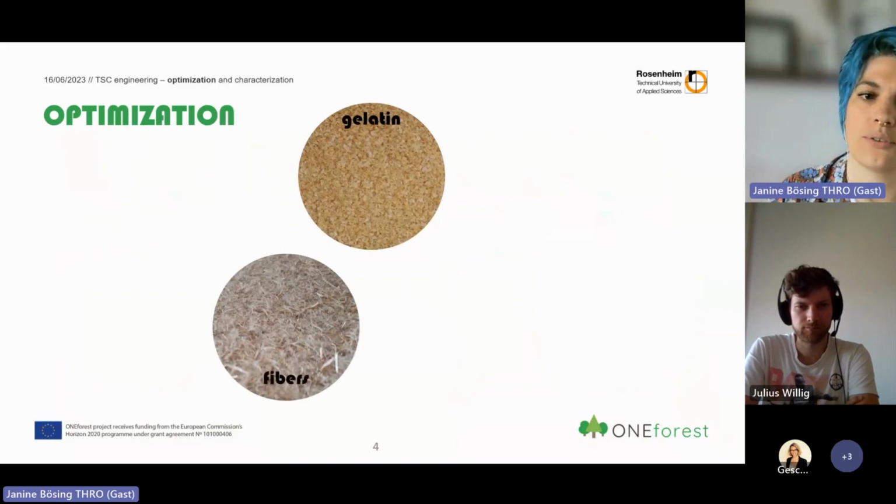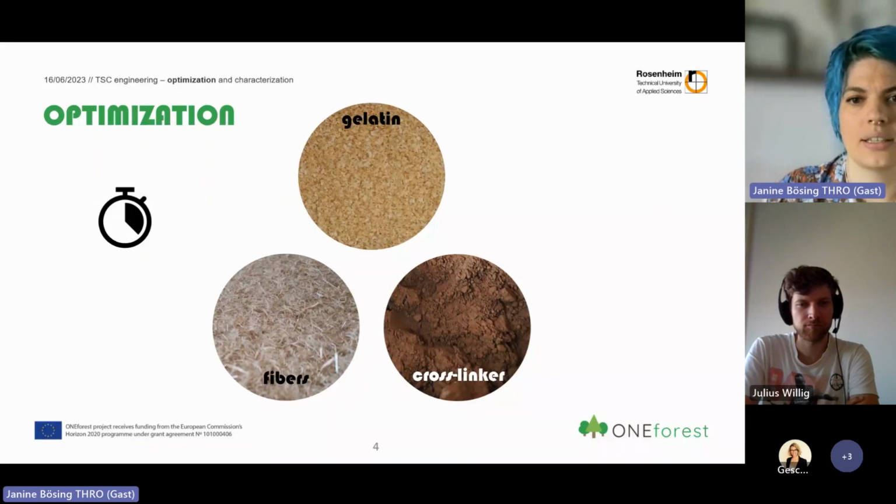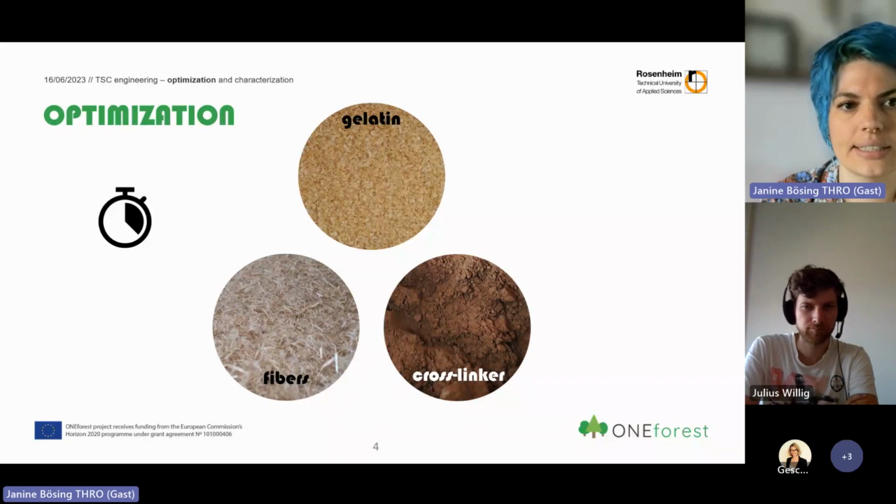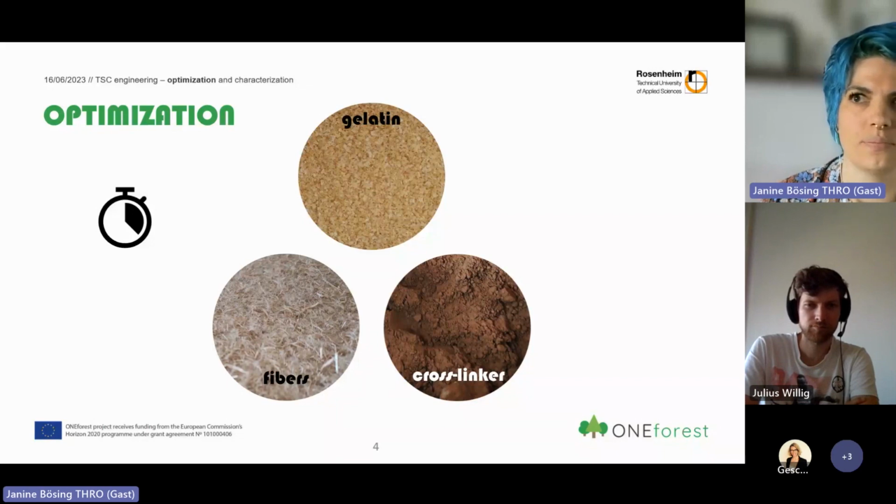We also, together with water, make our topsoil cover. And we want to optimize the preparation of our topsoil cover. That means we want to cut down the time it takes us to prepare it and also the energy that it costs heating up our topsoil cover when it's still in a wet state.